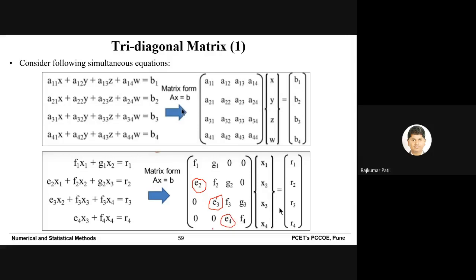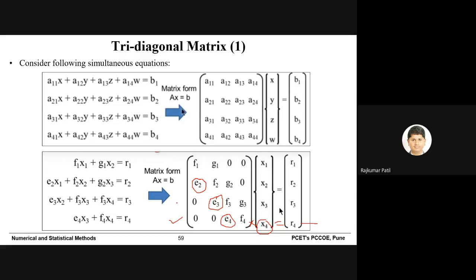Okay, so let's consider the last row. 0 into x1 will be 0, plus 0 into x2 is 0, plus 0 into x3 is 0, plus f4 into x4, which is equal to r4. So f4 x4 equals r4. This will be your first equation, and from that you can calculate the value of x4.